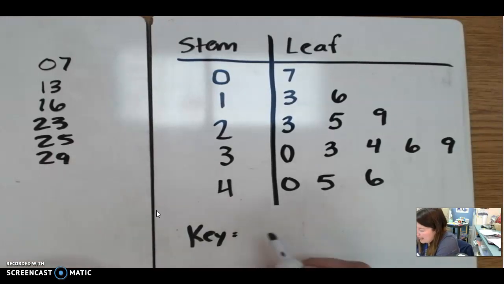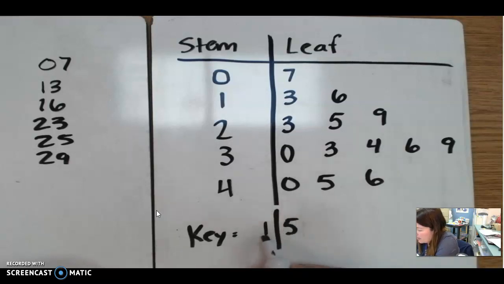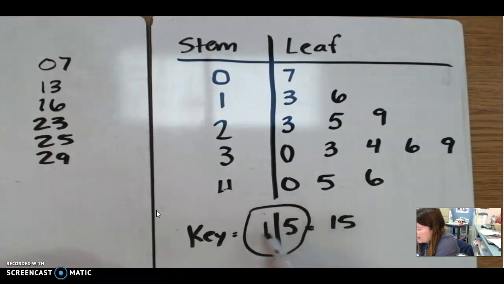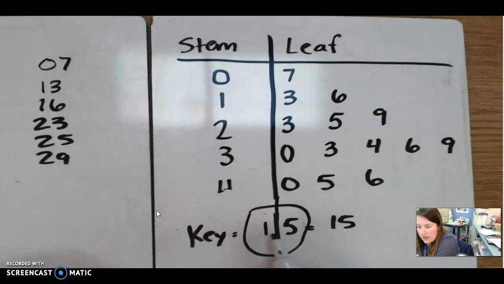So in this case, you'll see a key that might say if you see a 1 on the stem side and a 5 on the leaf side, that would equal a 15. So this is the key. Here's the dividing line. If there's a 1 on this side, a 5 on that side, that should equal 15. Most keys say something along those lines.